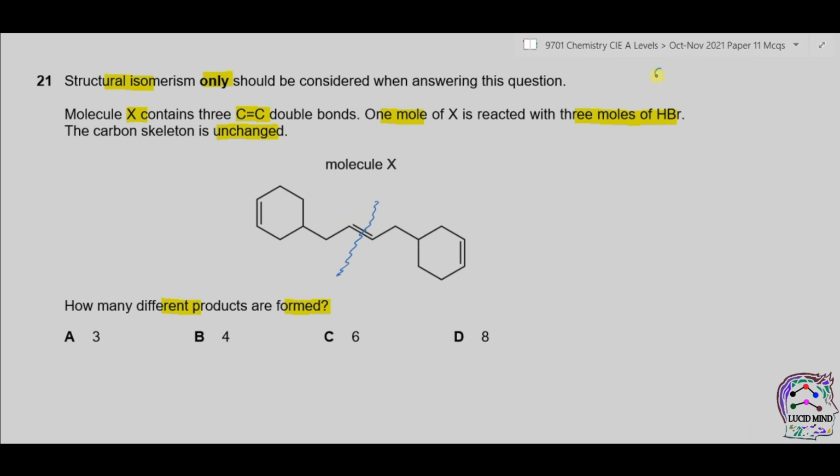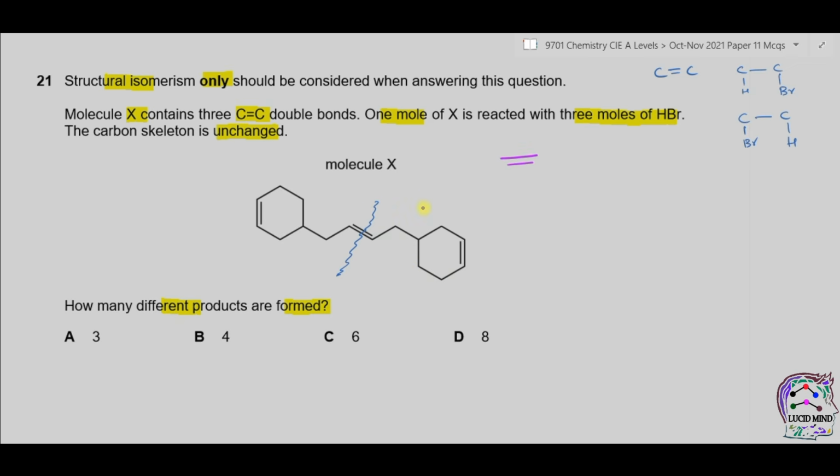HBr can be added to double bonds in such a way that either hydrogen is added to first carbon and bromine to second carbon, or bromine can be added to first carbon and hydrogen to the second carbon. Let's draw this half part.